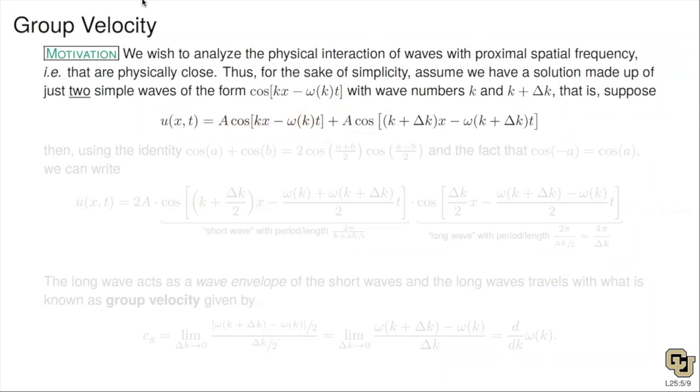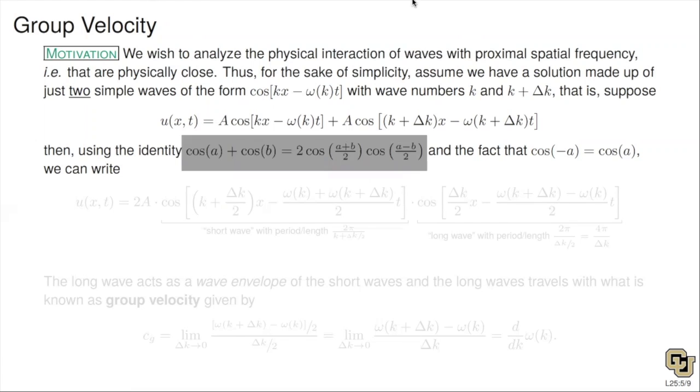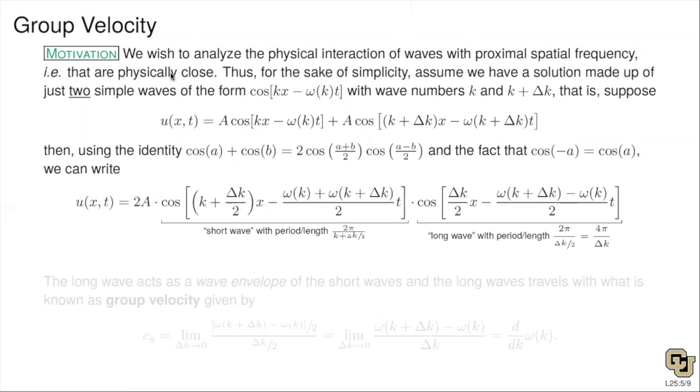And so now let's begin the mathematical analysis. So we draw the border here. That's where the physical stuff stops. And now we're going to let the math take over. Here we want to analyze what the math is telling us about the physical situation. Now we want to try and reconcile our intuition with the math. So here we use an identity, and we can rewrite this sum.